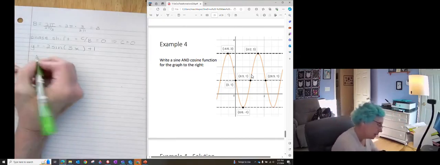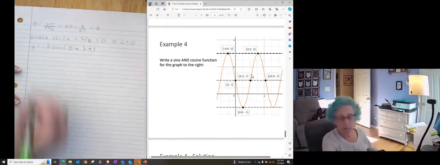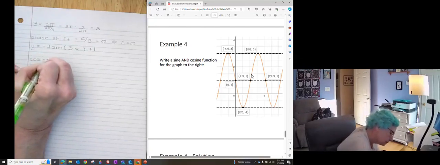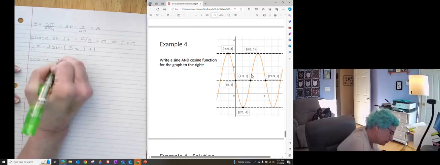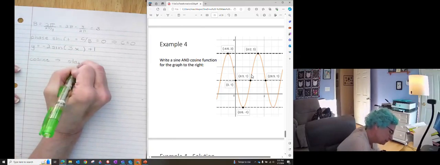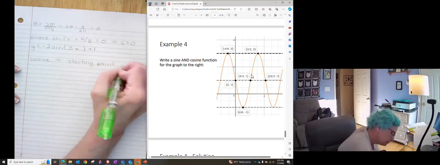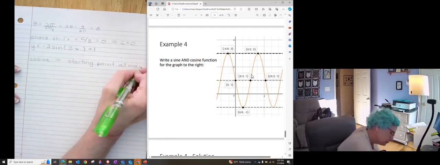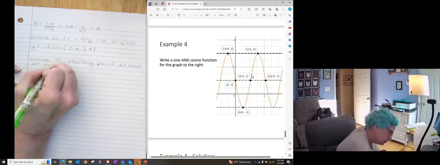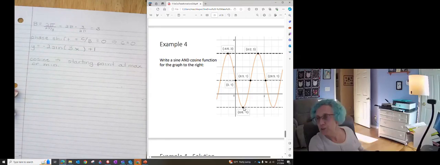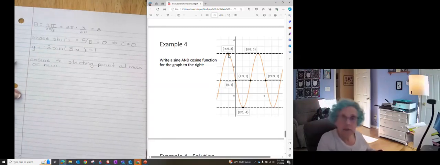Now for cosine, b stays the same, but I have to find a starting point at a max or min. I have two maxes sitting right here. I could choose either one of them, or I could choose this min. I'm going to choose minus pi over 6 and 3.